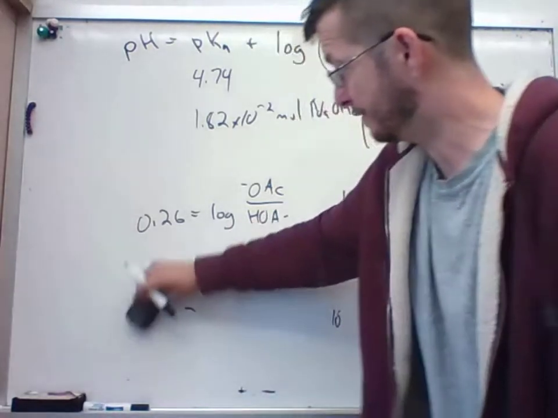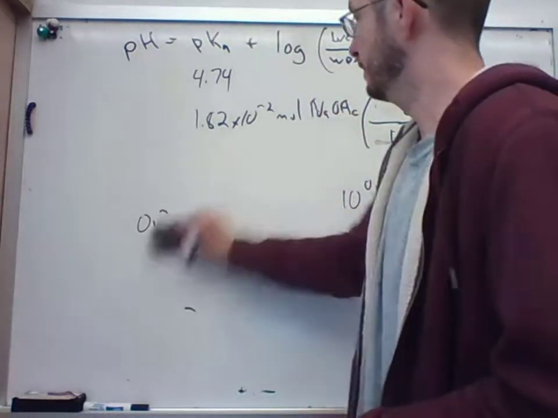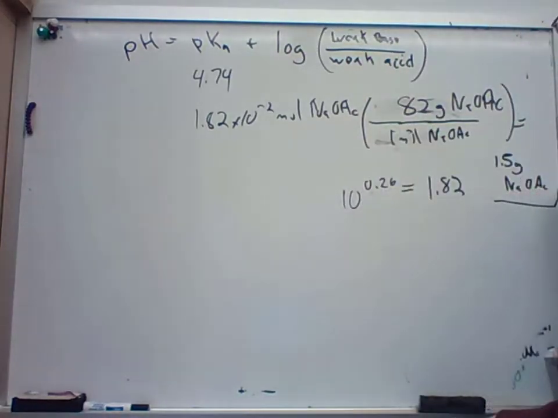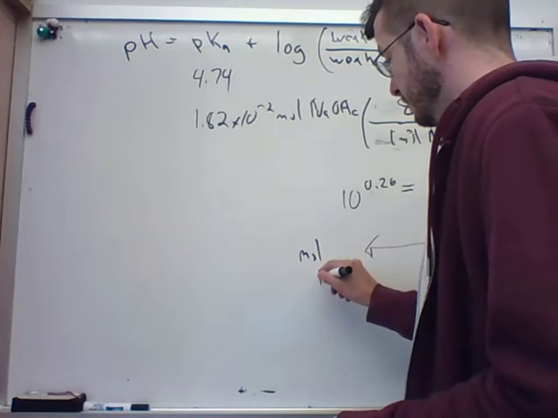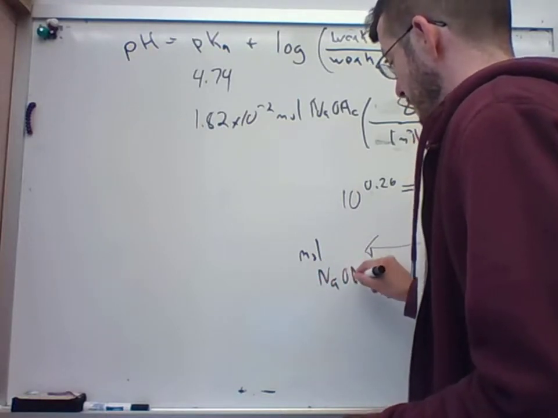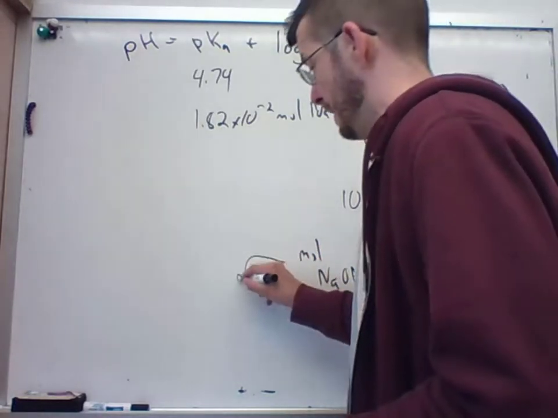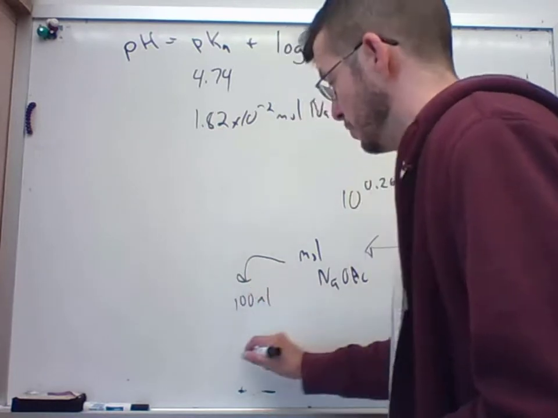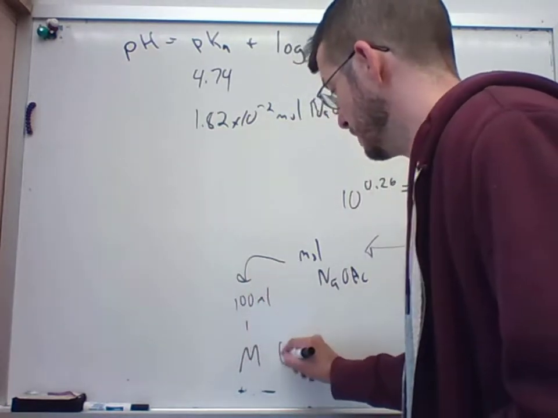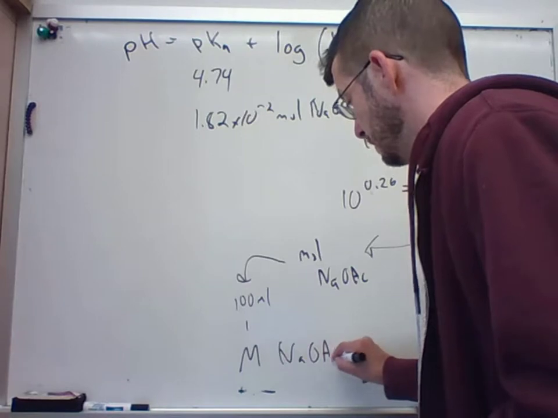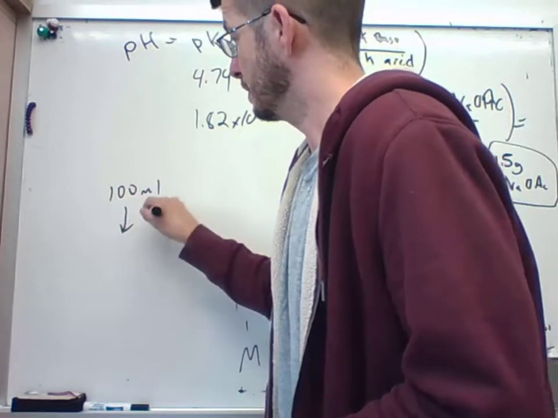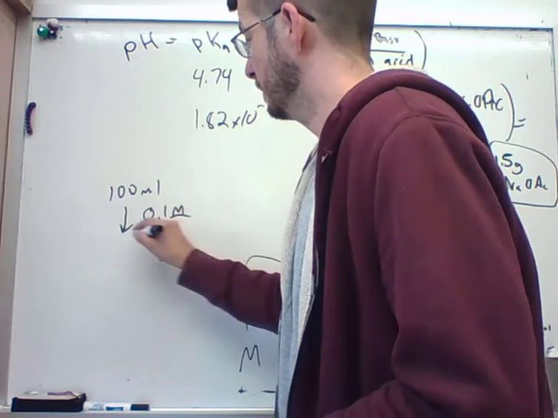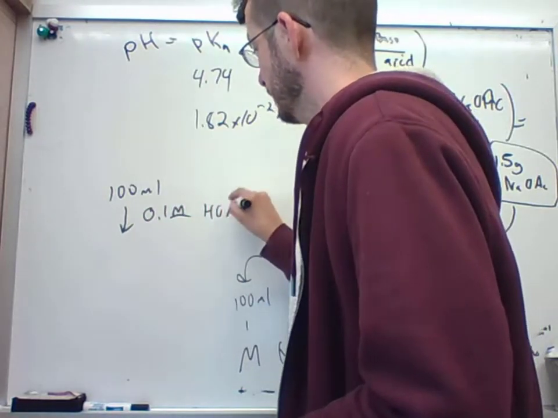We now have our grams of NaOAc. We can convert that back into moles of NaOAc. And we can drop that into 100 milliliters, and you would get a molarity for the NaOAc. And then you started with a 100 mL solution of 0.1 molar acetic acid.